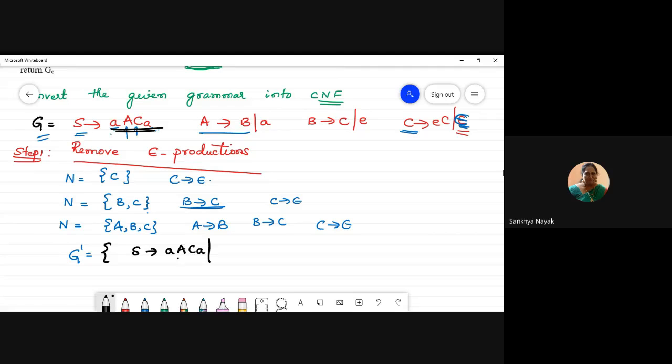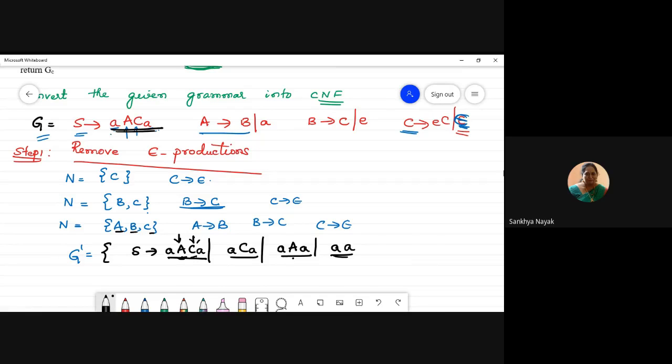Next, A is nullable, so I will make it null, which means I remove A. Next, C is nullable, so I will make only C null and remove C. In the third step, I have made both A and C null, since A and C are nullable.